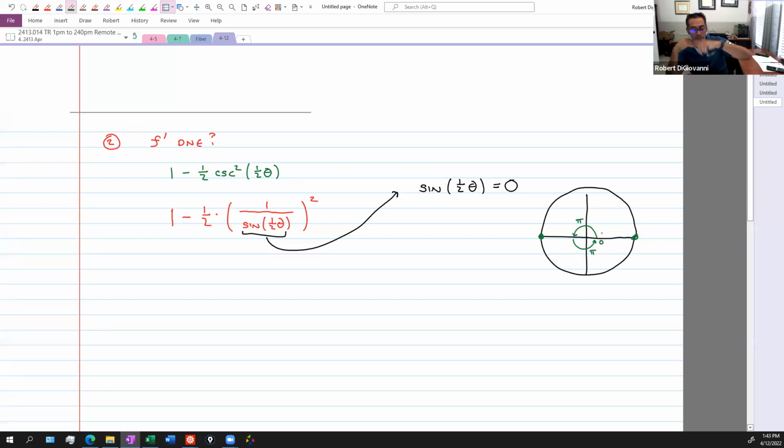And we could keep on adding multiples of pi. So now what we would need to look at is when 1/2 theta is equal to 0 plus pi n. Which means 1/2 theta equals just pi n, which means theta is just 2 pi n. Any multiple of 2 pi.